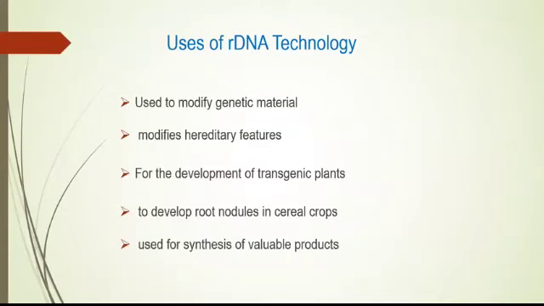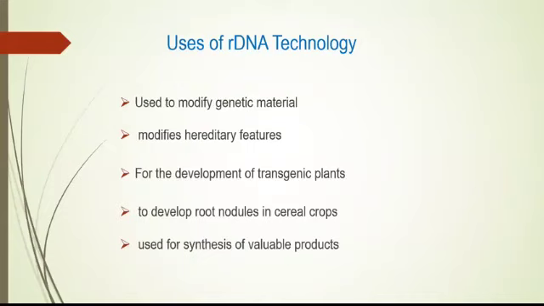The first use: genetic engineering is a biotechnology technique which is employed to modify the genetic material, that is DNA, in a living cell for a desired purpose. Next, it modifies hereditary features of DNA by transfer or insertion of certain genes or DNA.